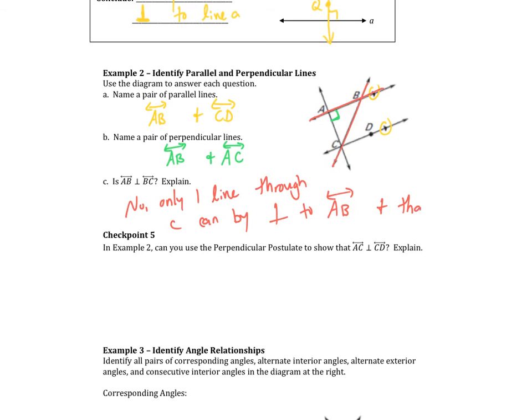And that's line AC. You'd also say there's no right angle box, so then we can't assume that's perpendicular.